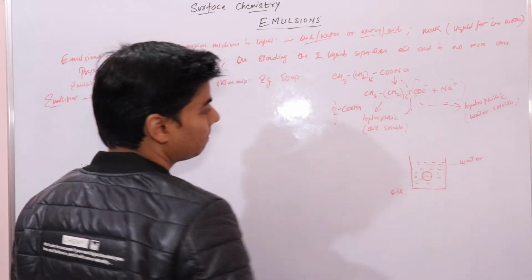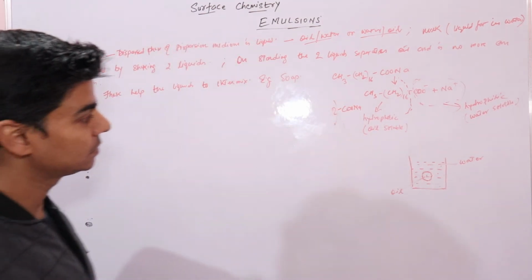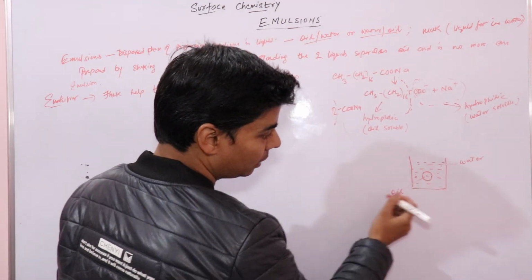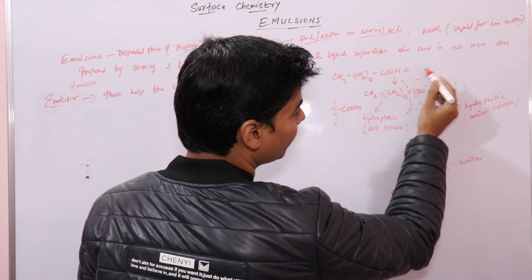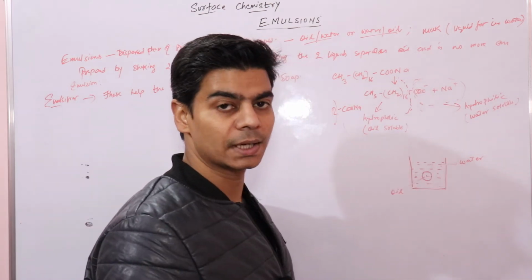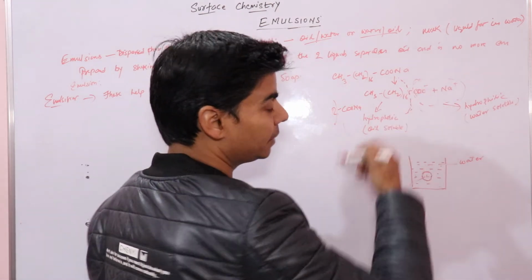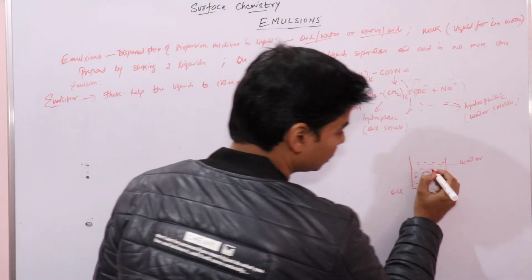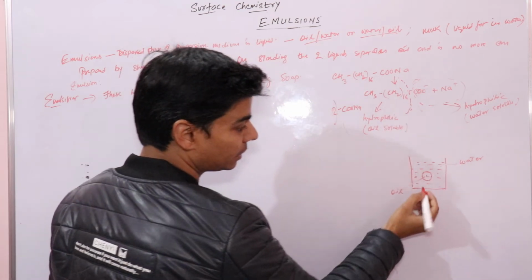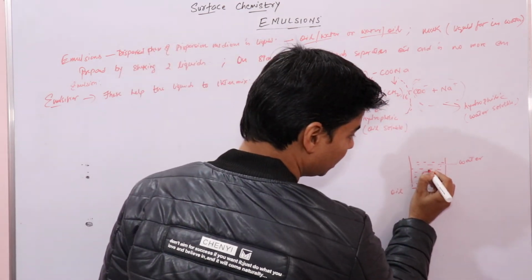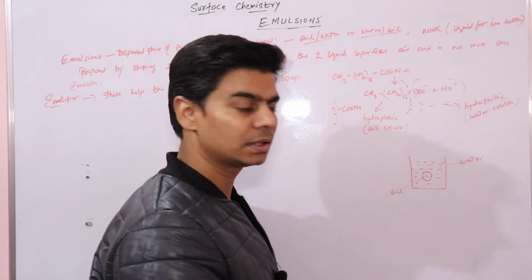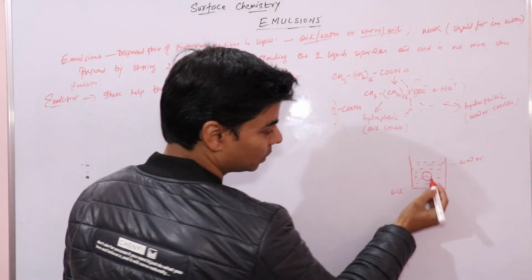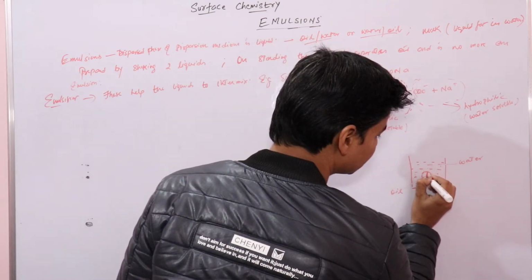This R is your organic part, the hydrocarbon chain, which will interact with oil. And COONa, if you remember, we call the hydrophilic head, and this is the hydrophobic tail. So this hydrophobic tail will interact with oil, since oil is also an organic compound.